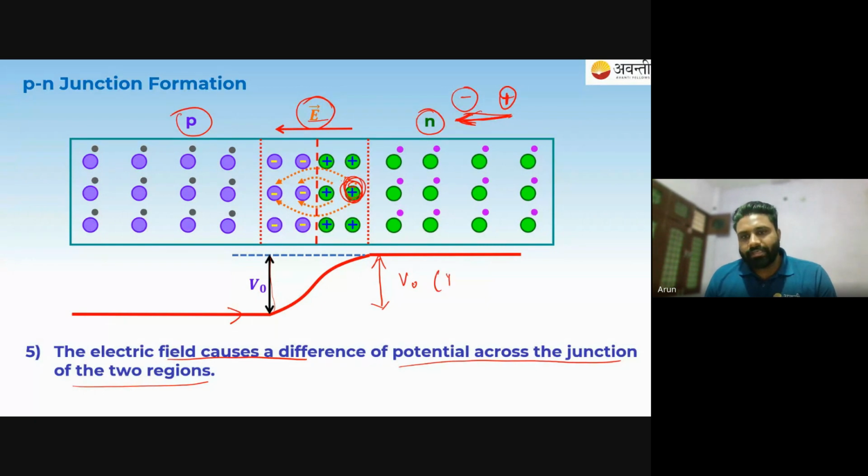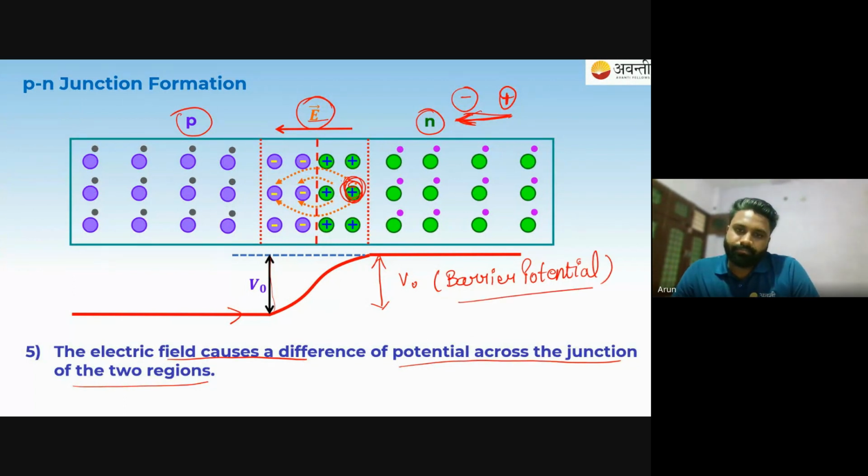It is also termed the barrier potential because it acts as a barrier for the electronic movement. Got it? Now you are understanding that if we are able to provide that much voltage, that much electric field by an external source, which is a battery, then there can be a possibility that electrons can jump through this barrier. And if you are thinking so, you are thinking in the right way.